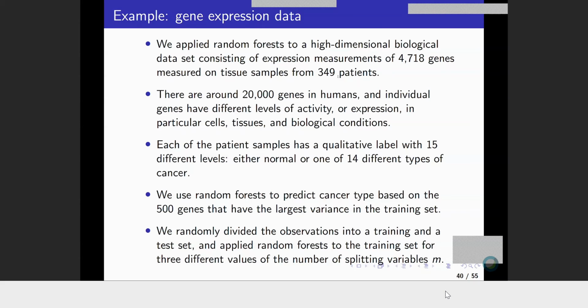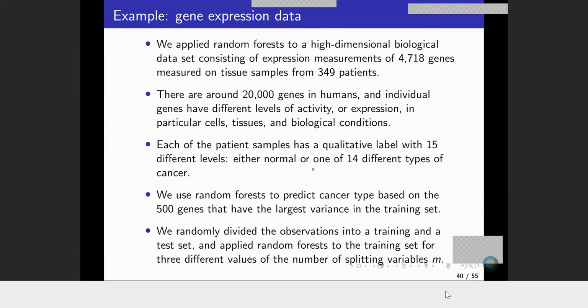In humans, there are around 20,000 genes, and individual genes have different levels of activity or expression in particular cells, tissues, or biological conditions. Each of the patient samples has a qualitative label with 15 different levels, either normal or one of 14 different types of cancer.